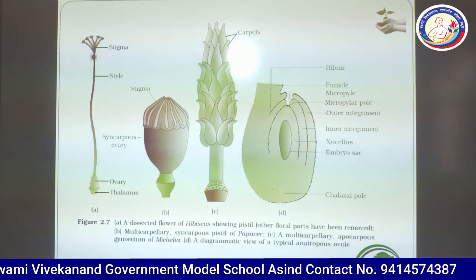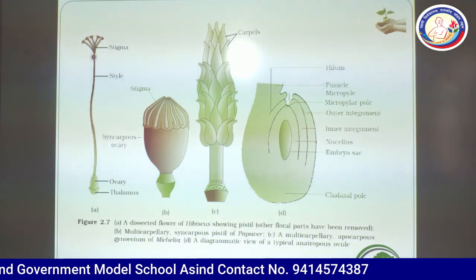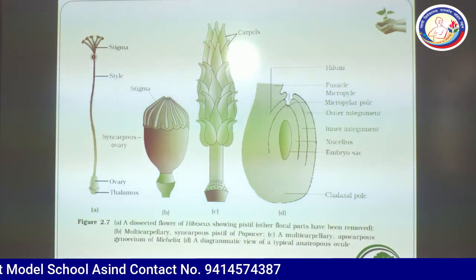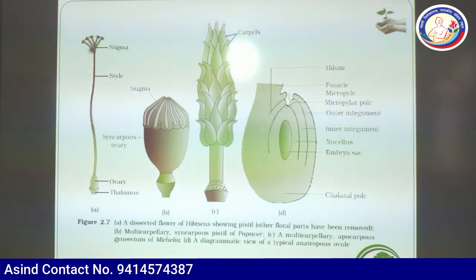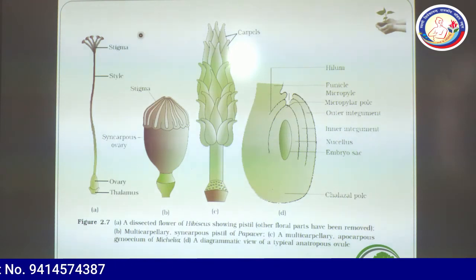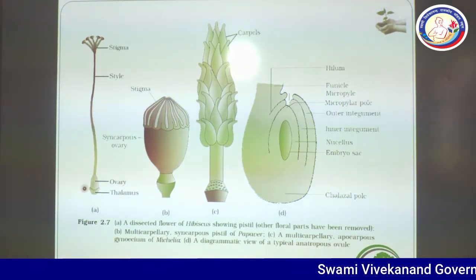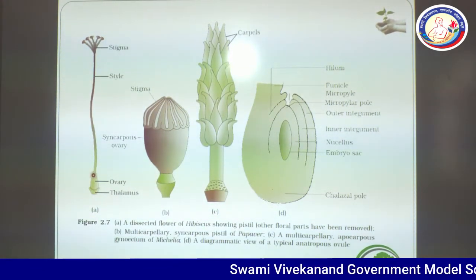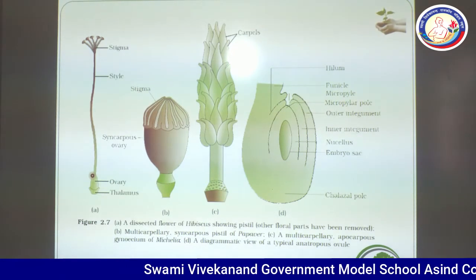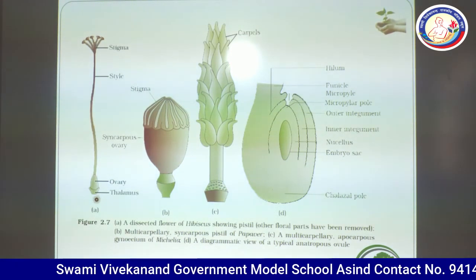The upper part of the style is further subdivided into 5 branches, and it is known as stigma. And the lower part of the gynoecium is slightly swollen, and it is known as ovary, which is located on the top of the thalamus.